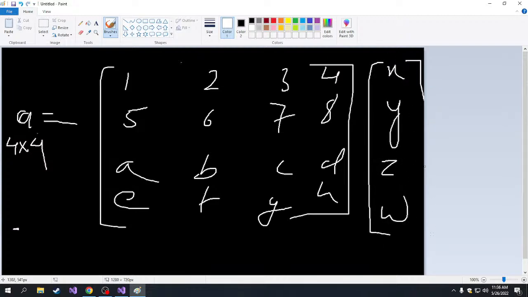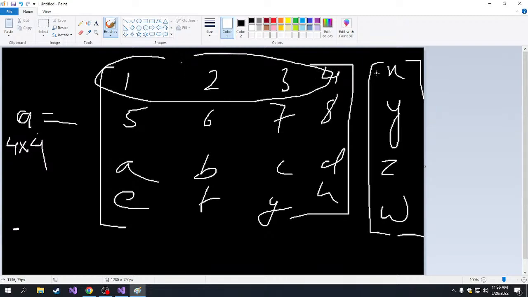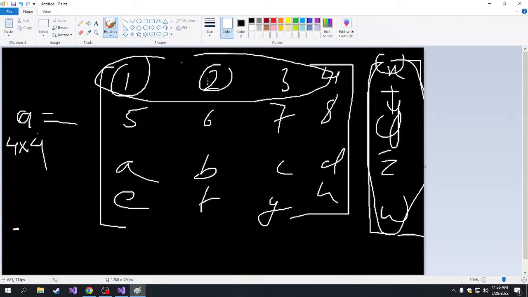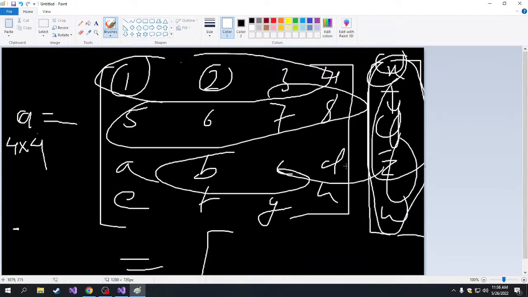The way matrix vector multiplication works is that you multiply the first row with the column: we multiply 1 with the x, plus 2 with the y, and so on. We do the same for each row, and then we get a new vector. That's what we use matrices for: to transform our vectors.